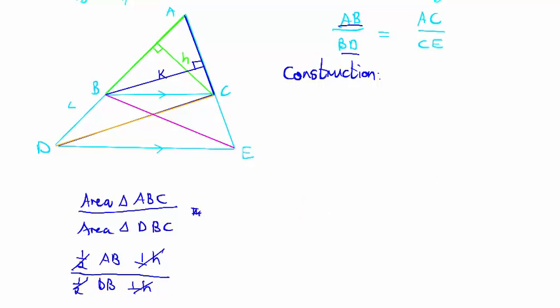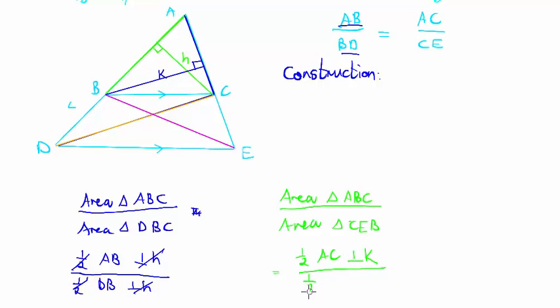In other words, the area of triangle ABC divided by the area of triangle BEC, CEB, is going to be given by a half AC times my perpendicular K, because this one I call K, divided by a half CE times perpendicular K. And the same thing, these cancel.